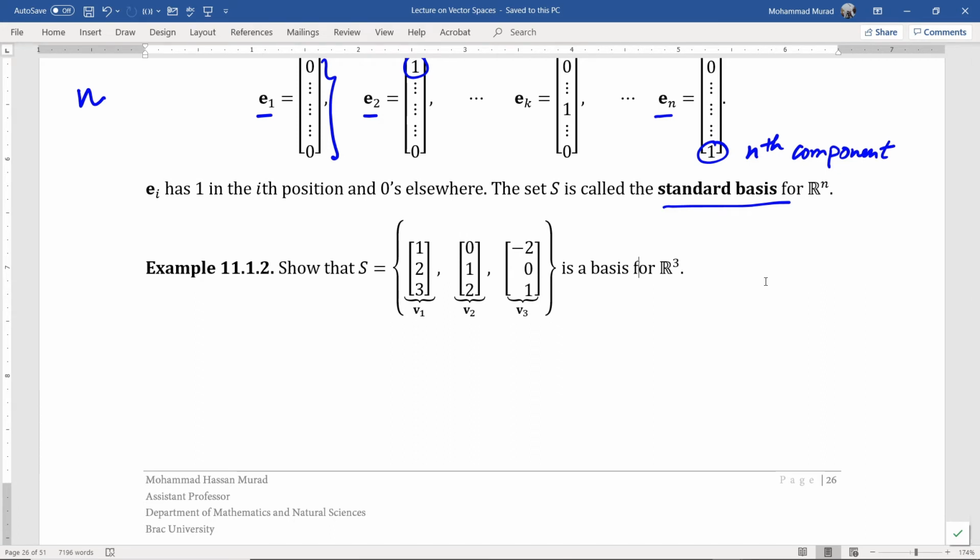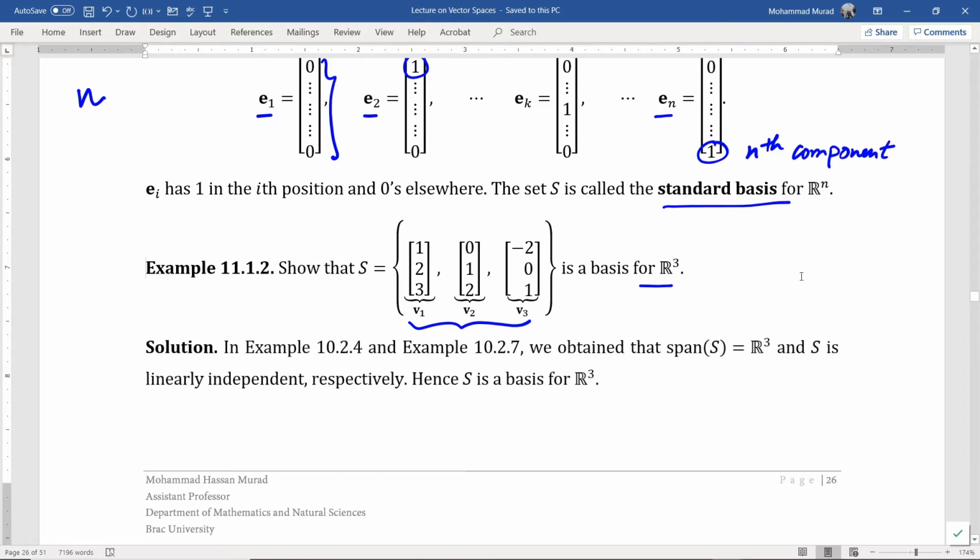In the next example, we want to show that the set S containing these three vectors from the vector space R3 is a basis for R3. In examples 10.2.4 and 10.2.7, we obtained that the set S spans the vector space R3 and S is linearly independent.